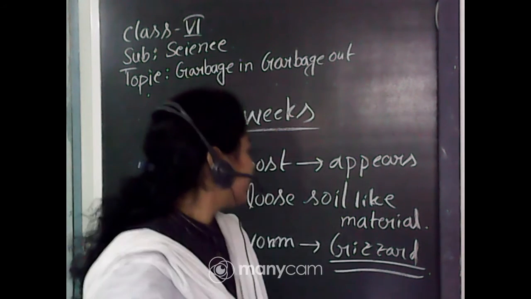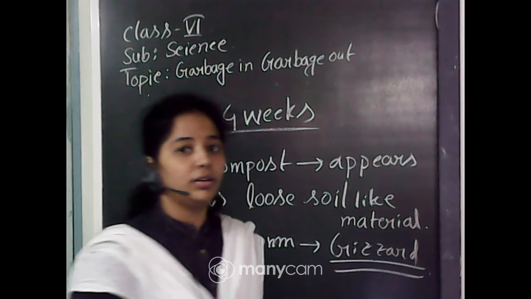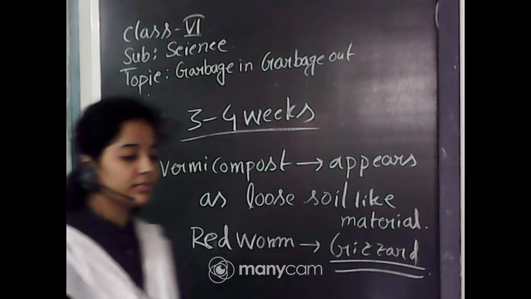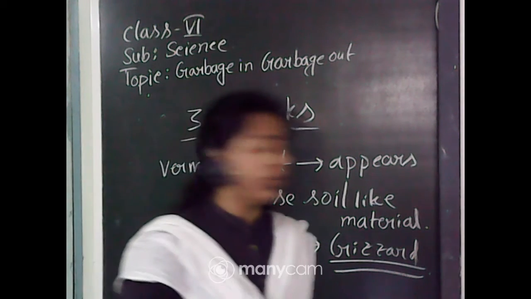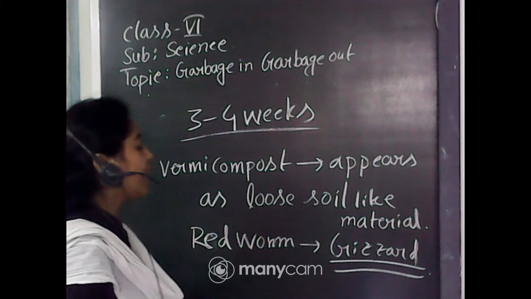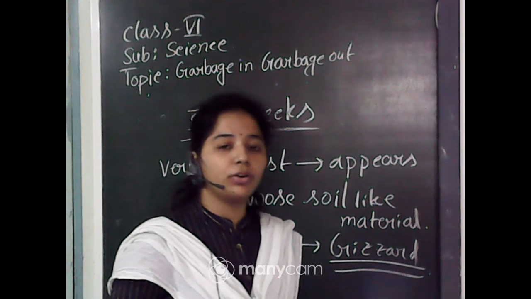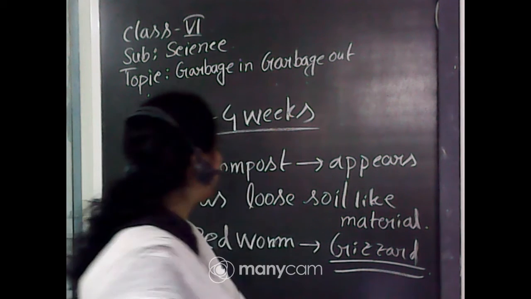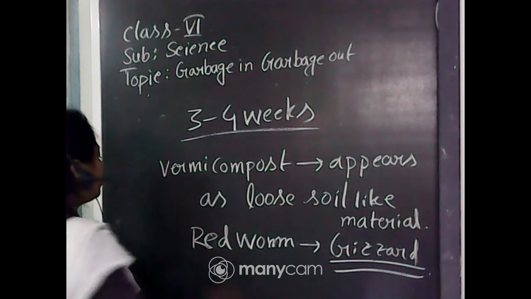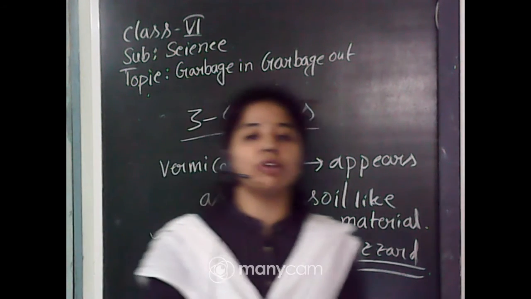That is, the biodegradable wastes, kitchen wastes. So red worms do not have teeth, they have a gizzard through which they can grind their food. This is the main thing you have to remember. Now we should take proper care of those red worms.